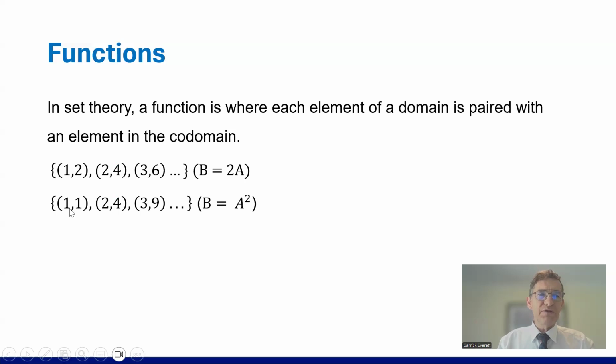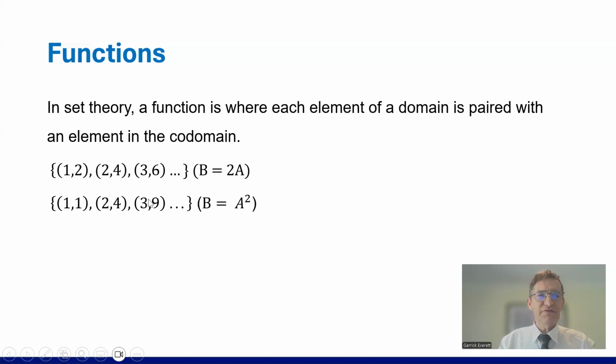Same here. If we do B equals A squared, whatever you put here, you can't get a different value here. So 1 can't give you a different value of 1, and 2 can't give you a different value other than 4. Now notice here, you can put in -3 and get 9, but you still can't repeat that 3.